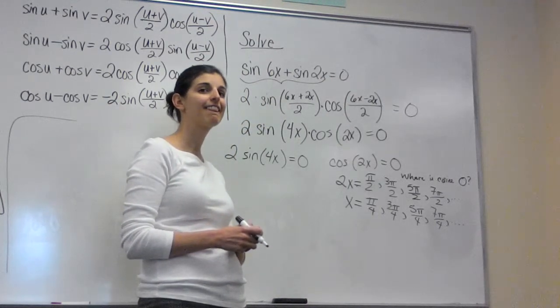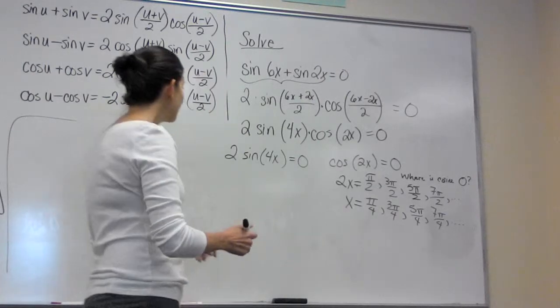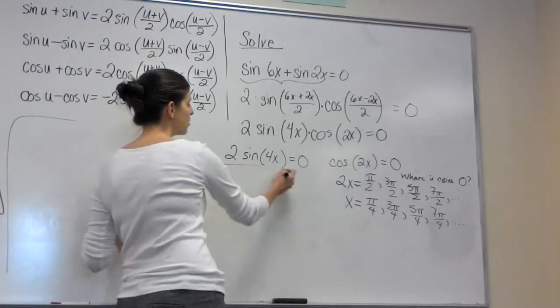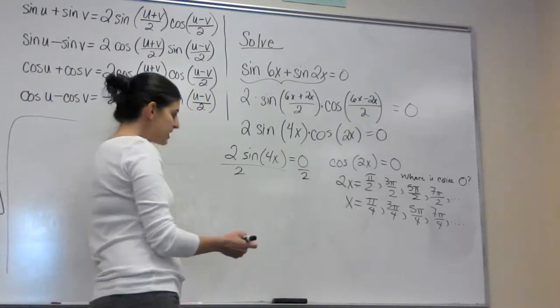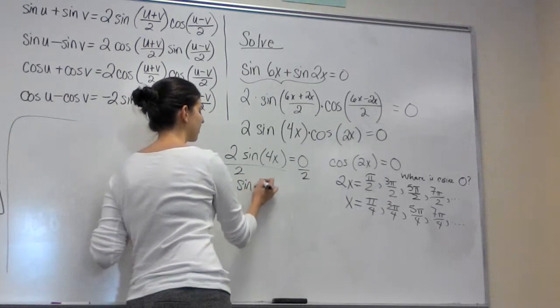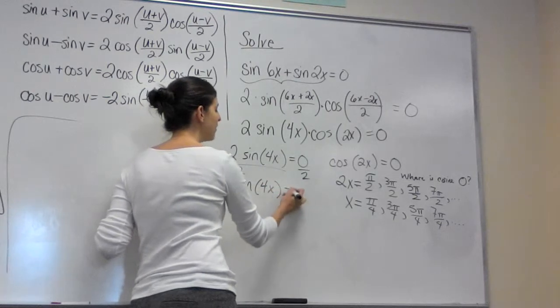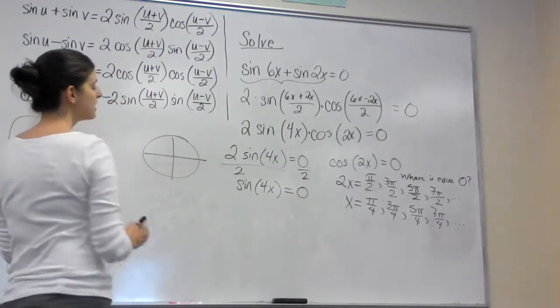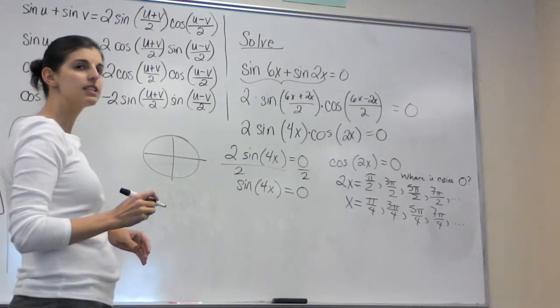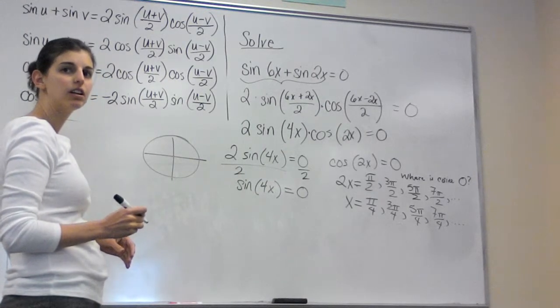Can you show us how to do the other side? Yep. Here you want to first get rid of the 2 outside of the trig function. So divide by 2. 0 divided by 2 is 0. Sine of 4x equals 0. On your unit circle, where is the sine function equal to 0? At pi.